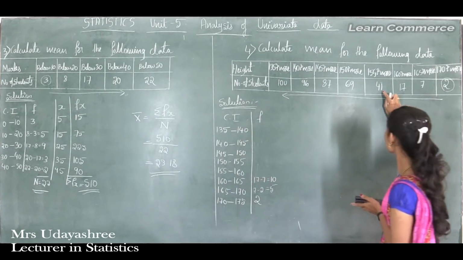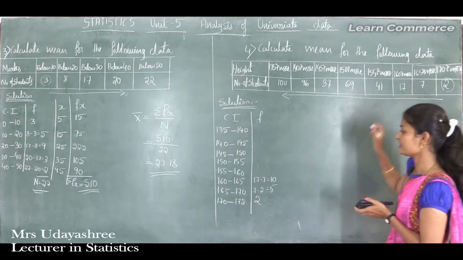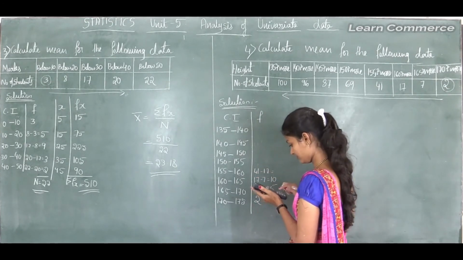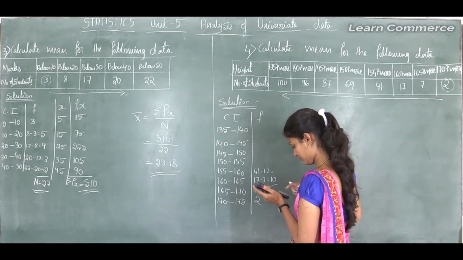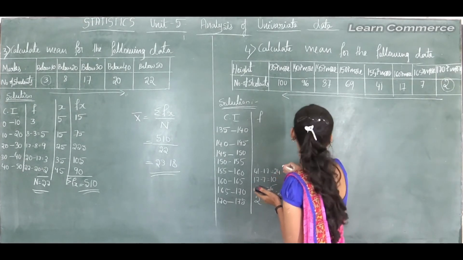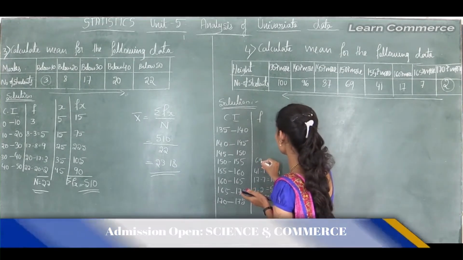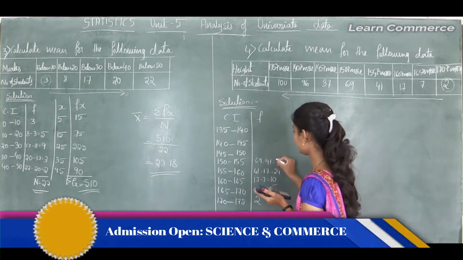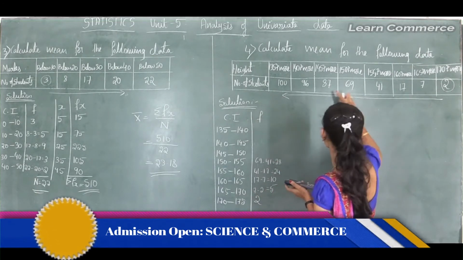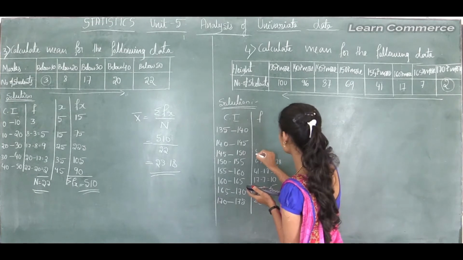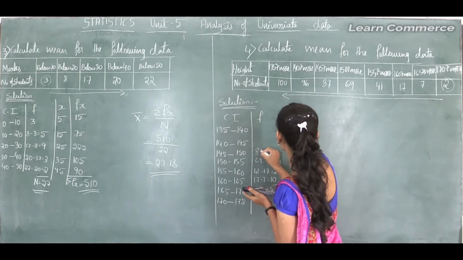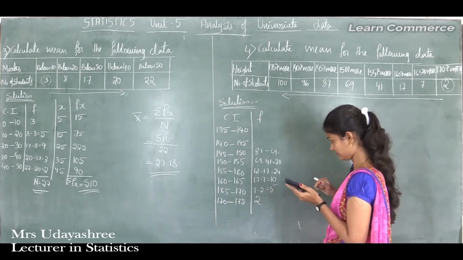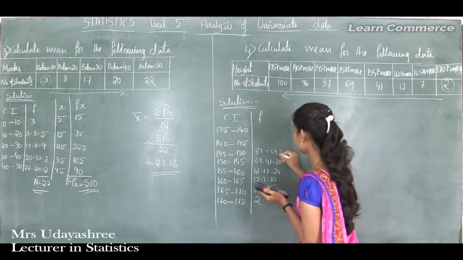Okay, next from this value I will subtract this 17, that is 41 minus 17 is 24. Next, 69 minus 41 is 28. Next, 87 minus 69 is 18.